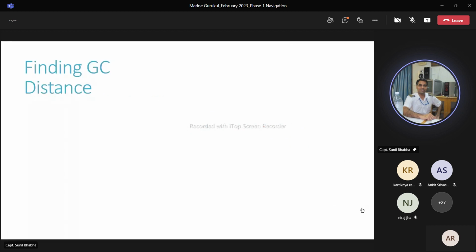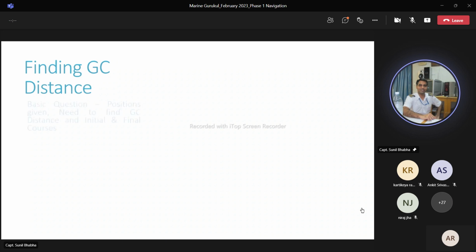Having understood the basics of great circle, small circle, spherical triangle, as well as the very, very important cosine formula, now we can proceed ahead to solving a basic great circle sailing question.